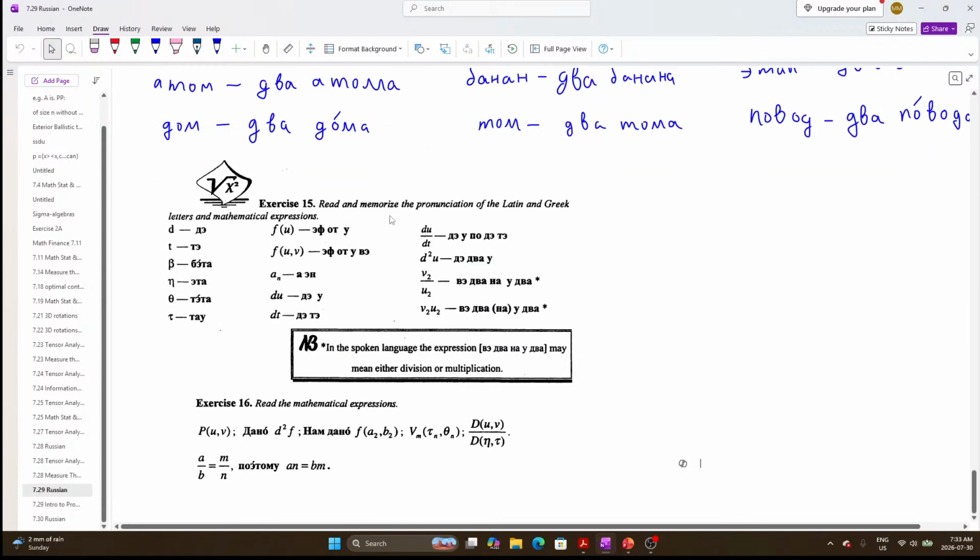The exercise: read and memorize the pronunciations of Latin and Greek letters and mathematical expressions. So here, this D symbol, I guess this is used as a variable, right? It looks like a variable because the font of this D is a little bit different from the differential D, which is interesting because in British mathematical traditions, little d, when denoting a differential, is upright, whereas in North America it is like this.